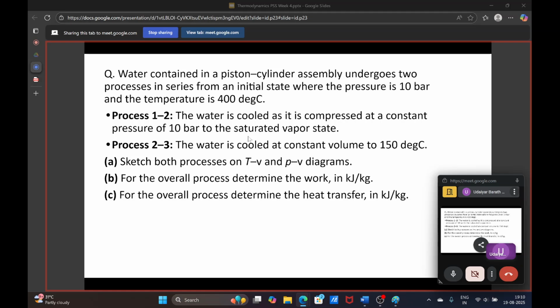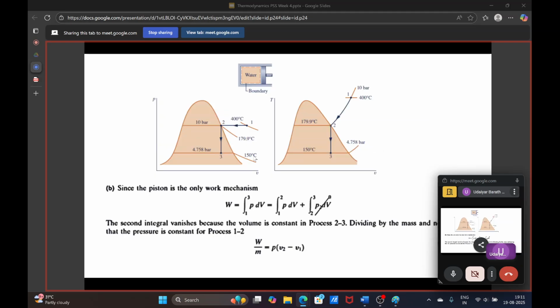Next, this water is cooled while it is being compressed at a constant pressure of 10 bar, so that it comes to a saturated vapor state. Then this is cooled at constant volume to a temperature of 150 degrees Celsius. So this is how the process will look.